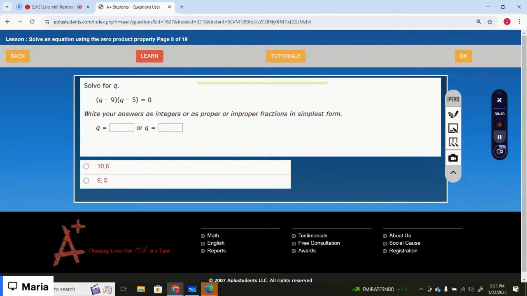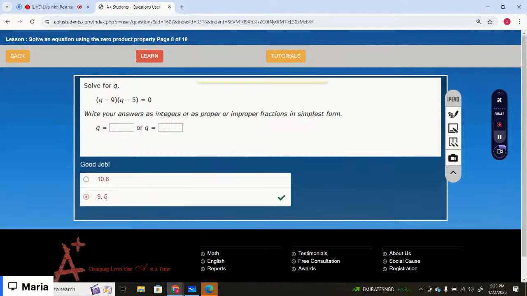Solve for q, which is the correct option. Option number 2 is the correct option. That is 9 and 5.